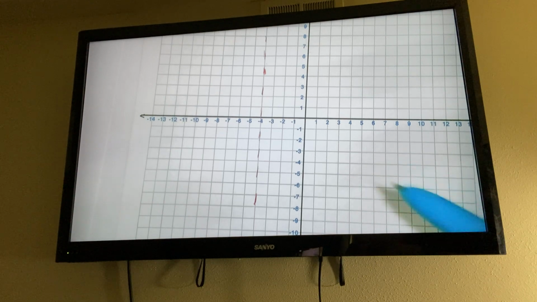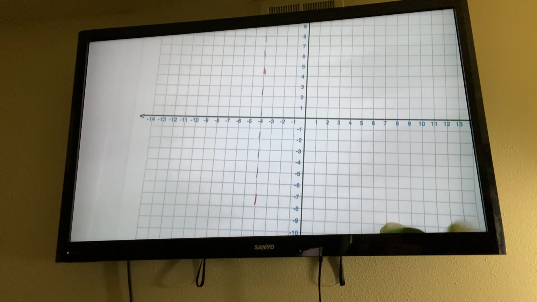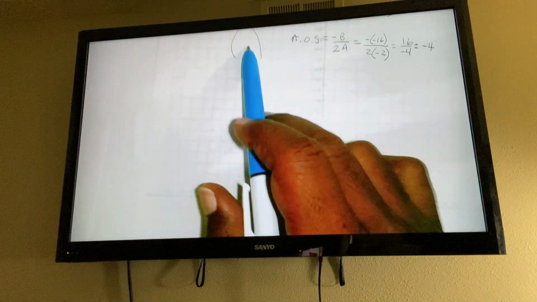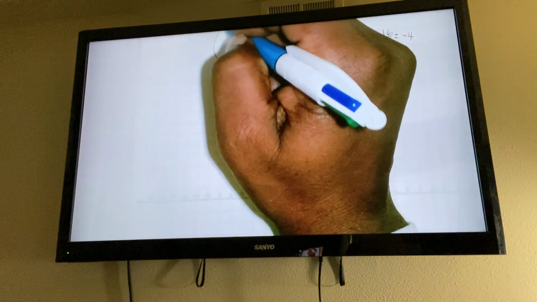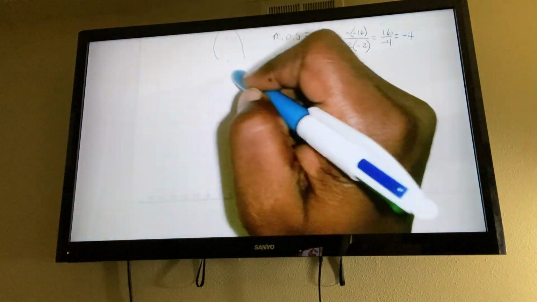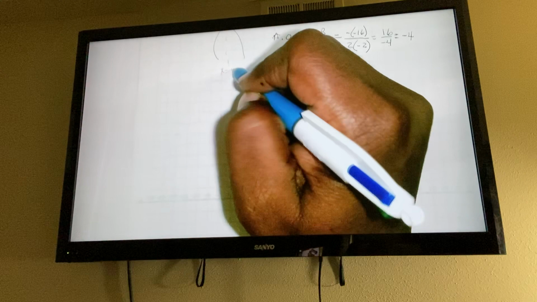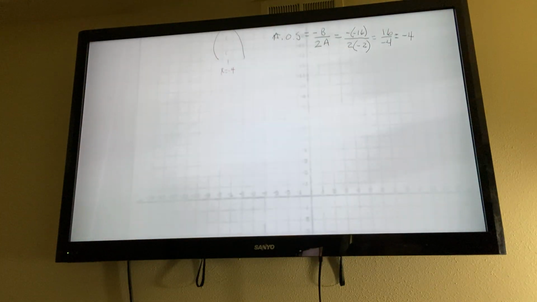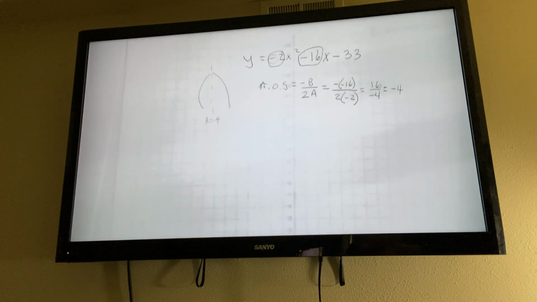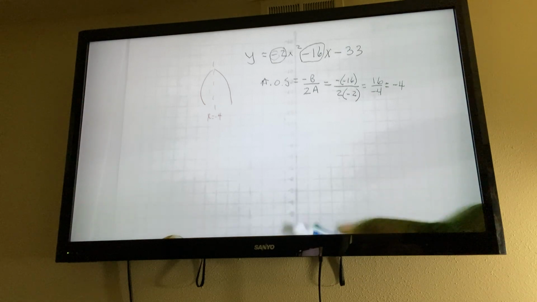Now our vertex, okay, we know it's going upside down. We know our axis of symmetry is at x equals negative 4. Now we plug that into our original equation.